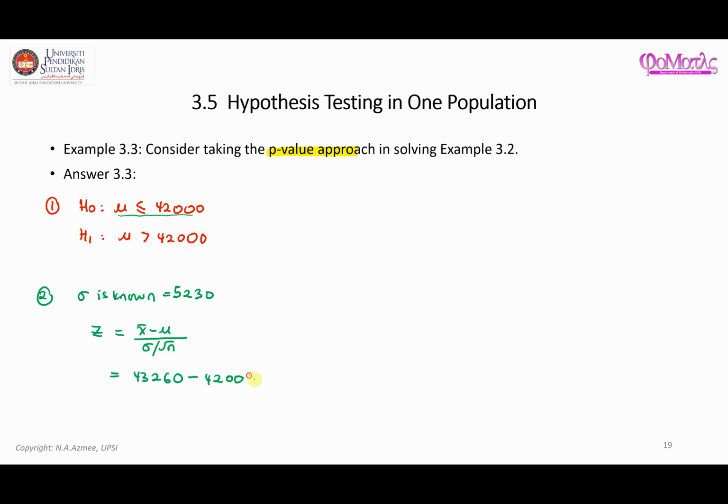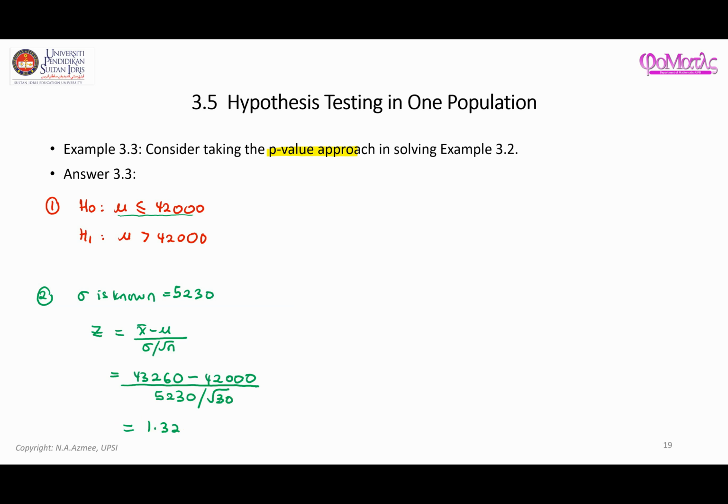So here we go, we have 42,000. Next, sigma is 5230, and that is going to be over square root of 30. So 30 here is the sample size, and once you punch in the values into your calculator, the answer is going to be 1.32. This is by taking 2 decimal places.